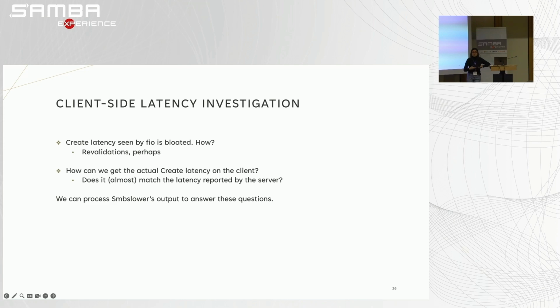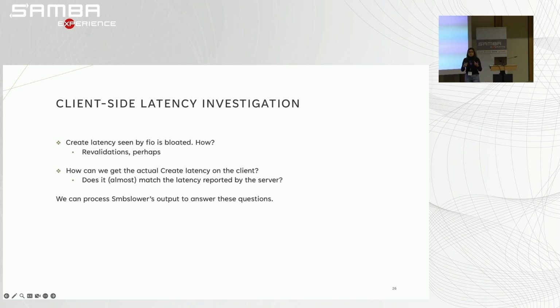So as soon as you start issuing random file opens, it's possible that the entry might have been expired from the cache, and you might need to do revalidation again. But the application doesn't know that. The application is only issuing an open call, a create call. And it's the client that needs to go to the server and revalidate, and then send the file open. It's abstracted from the application.